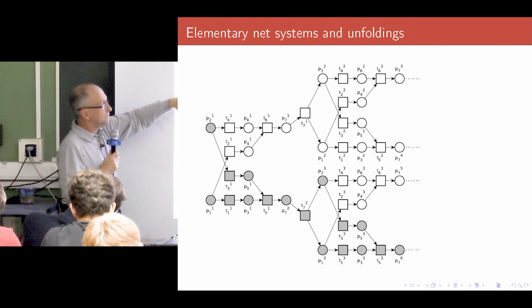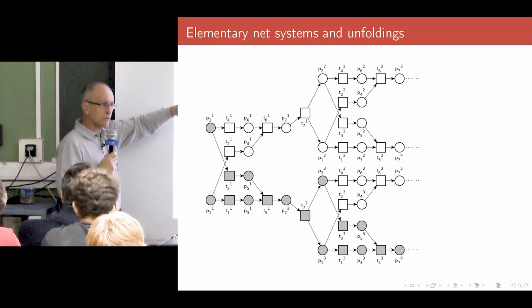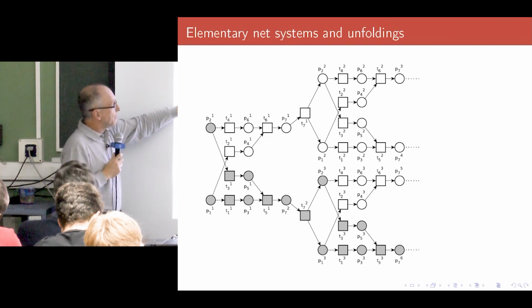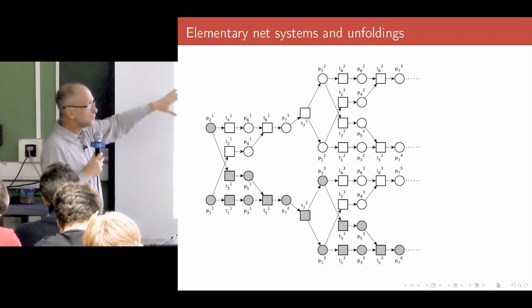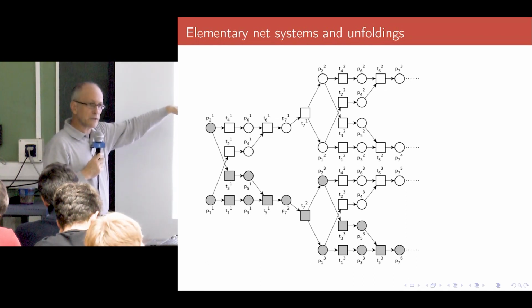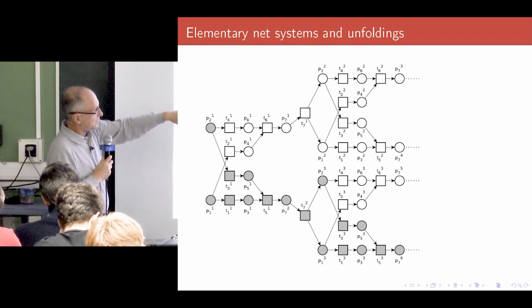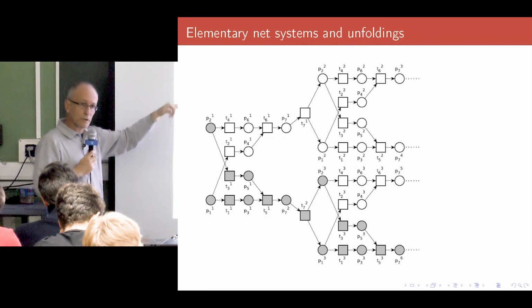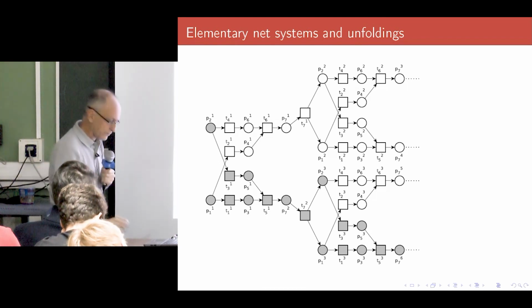Here I have depicted potentially all the possible alternatives, which depend on how we solve the conflicts that can be in the net. But the gray elements represent one possible history corresponding to some specific choices every time that I had a conflict in the elementary net system. And this is actually the first part of the history that I had described at the beginning, where the two choices were made in a clever way so that the behavior might continue.